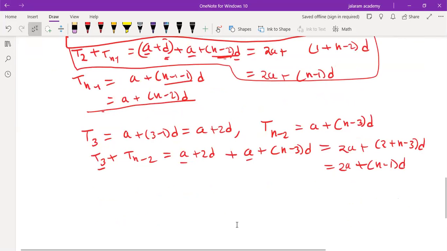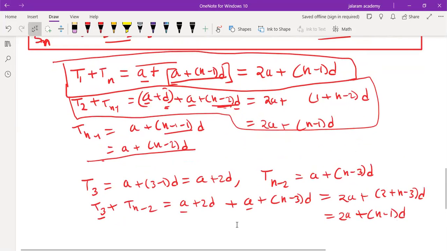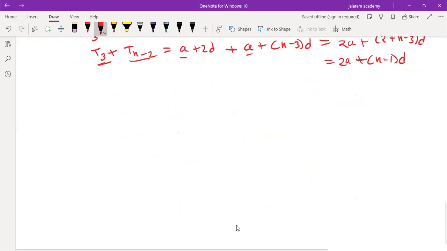So it is very clear that the sum of the first term and the last term equals the sum of the second term and the second term from the end, equals the sum of the third term and the third term from the end. So we will keep this general rule while calculating the sum of n terms of an AP.